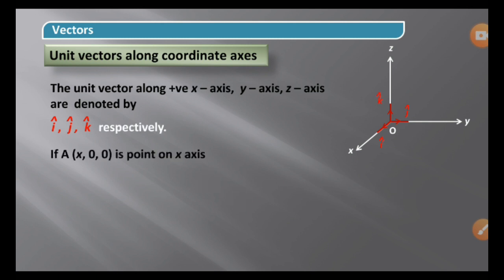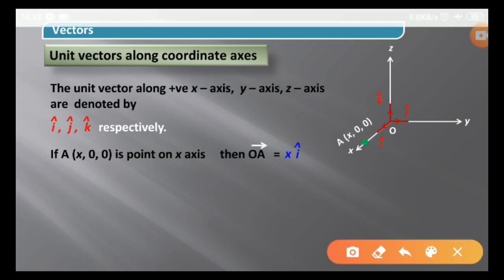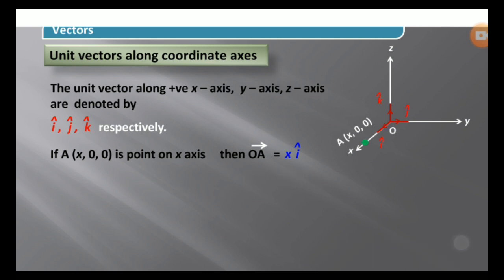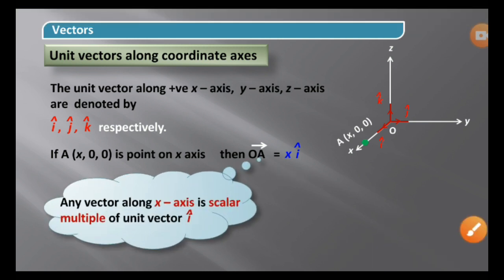If you consider the point x, 0, 0 on the x-axis, then OA can be written as x times i cap, which is the position vector of the point A. Any vector along the x-axis is a scalar multiple of the unit vector i.